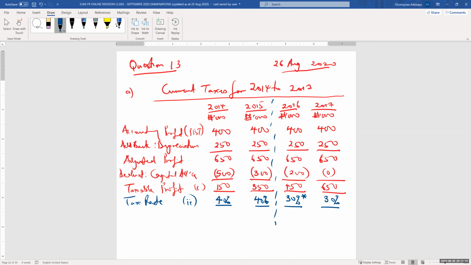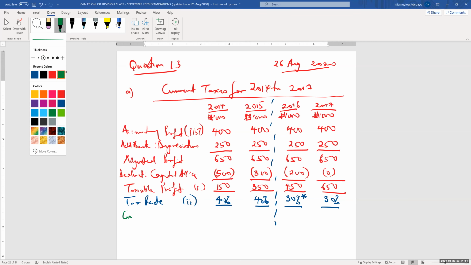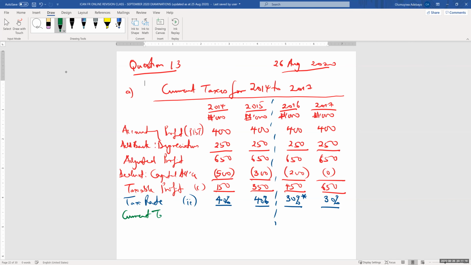Next, what is our current tax? Our current tax is for us to multiply our tax rates by taxable profits. And we need to bring out our calculators now and assist me in determining what the amount is.